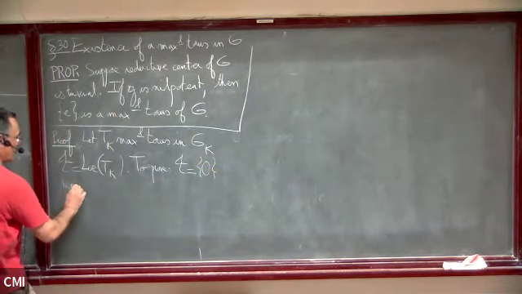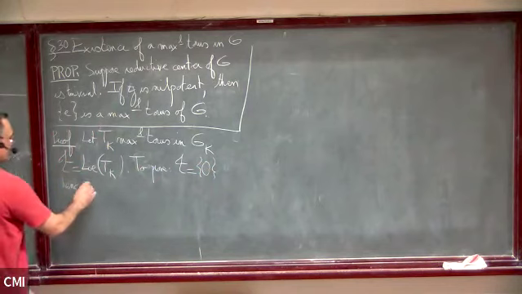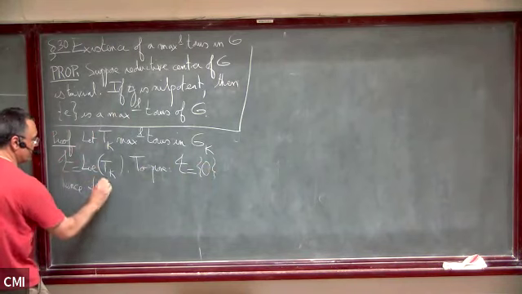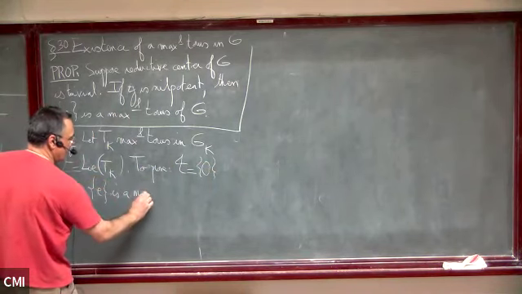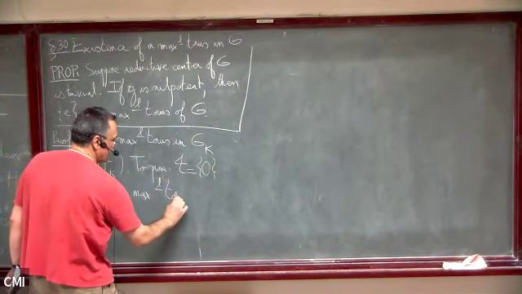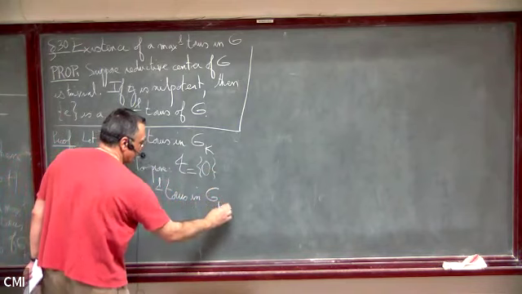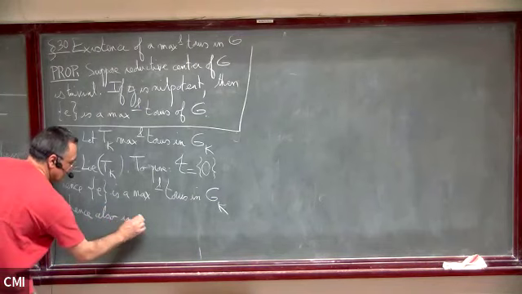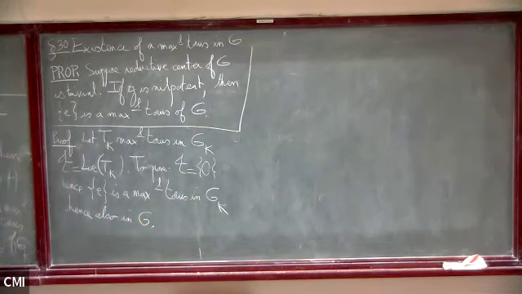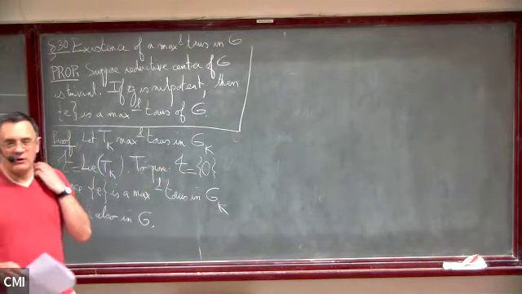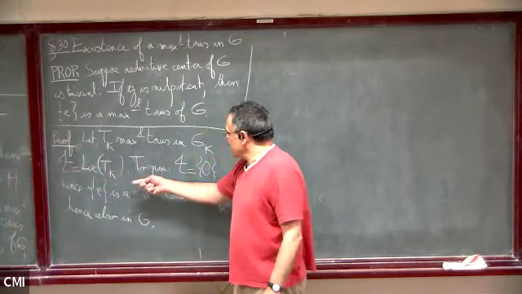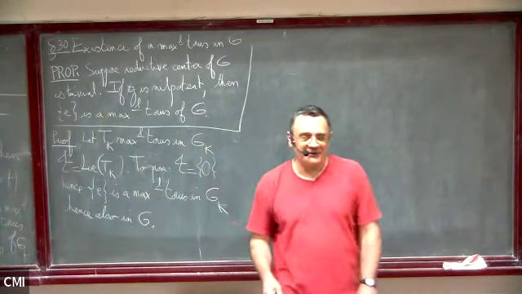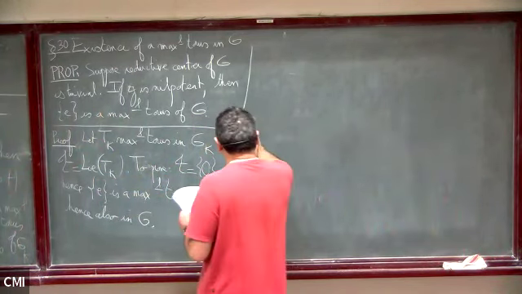Hence the trivial group is a maximal torus in G_K, hence also in G. Okay, so it's enough to prove that this Lie algebra is 0, because this will say that there is no torus at all in G_K, and therefore the trivial group is already a maximal torus to begin with.